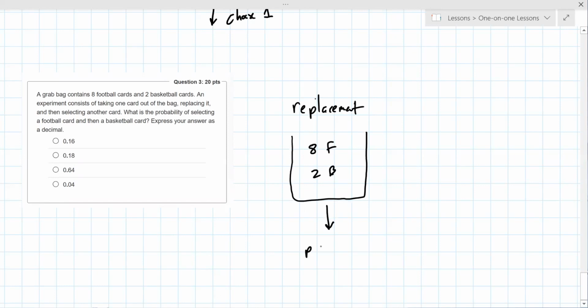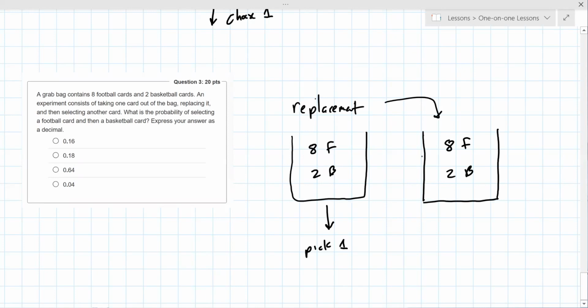When you pick one, there's an option. If you replace it, that means you put it back in. You still have 8 football and 2 basketball. But if you don't replace it, has the bag changed?